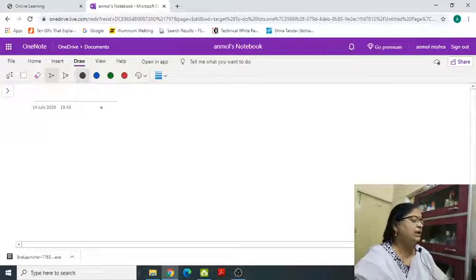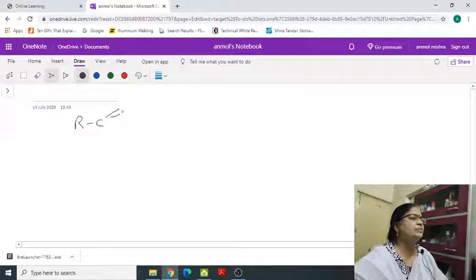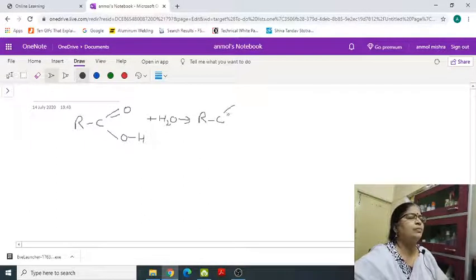A carboxylate ion is stabilized by two equivalent resonating structures. The carboxylate ion formed is stabilized by resonance.